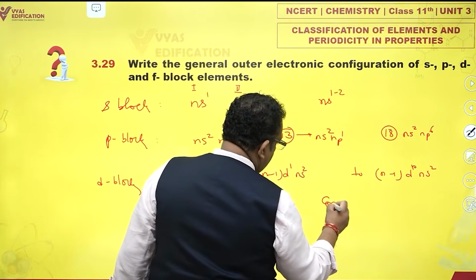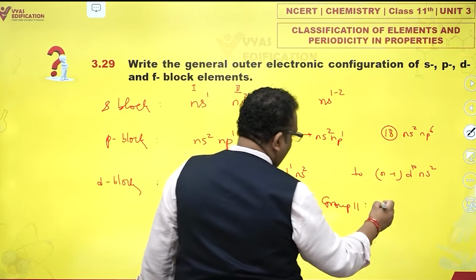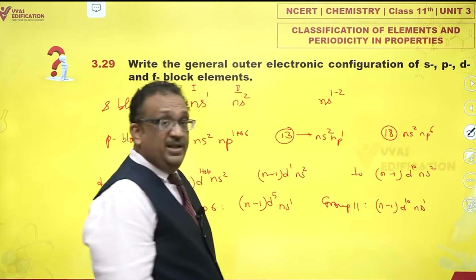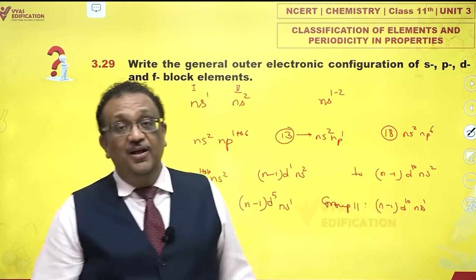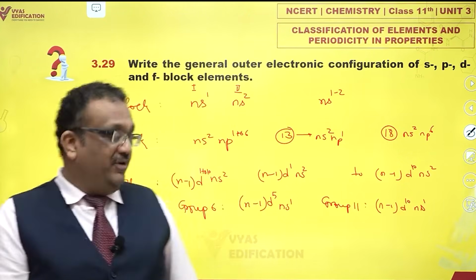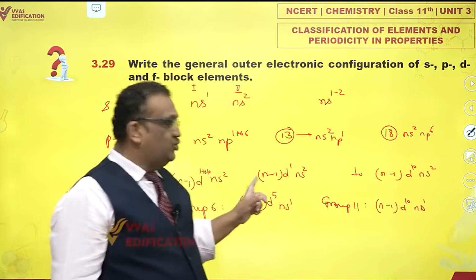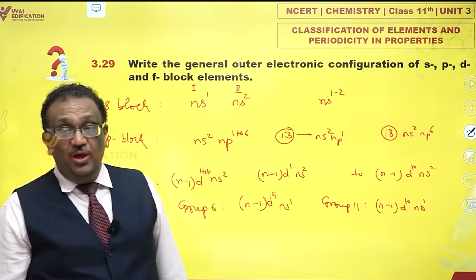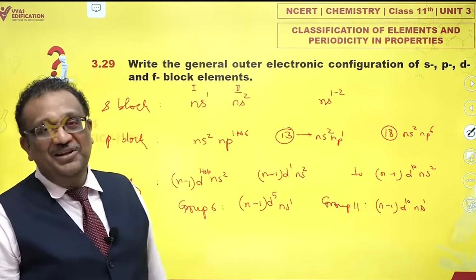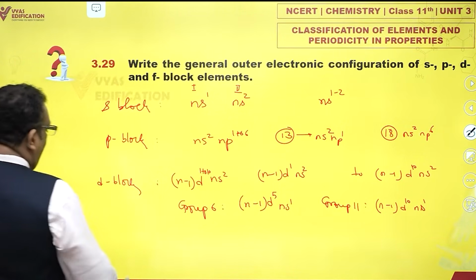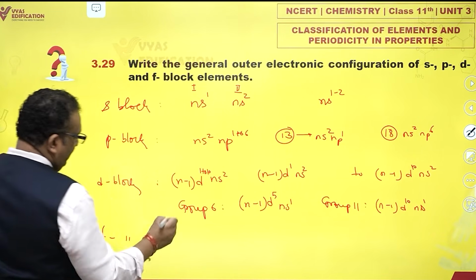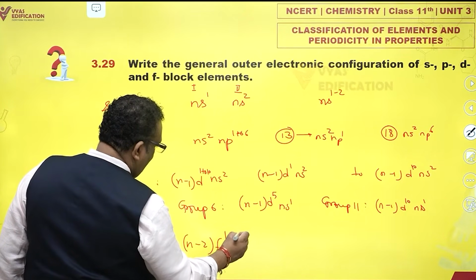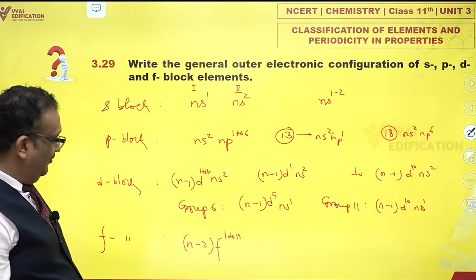And for group 11, you have (n minus 1)d10 ns1. Extra stability of half filled and fully filled orbitals changes their general configuration, and you have ns1 instead of ns2. But other than group 6 and group 11, this is the common configuration of d block. What about f block? f block is (n minus 2) f1 to 14. Okay, very interesting.